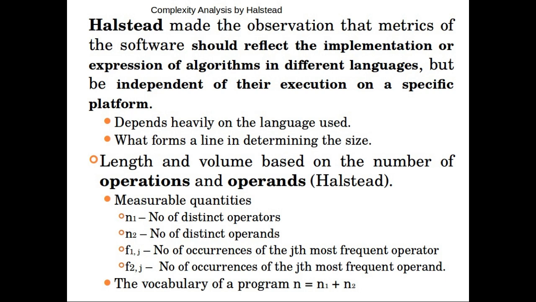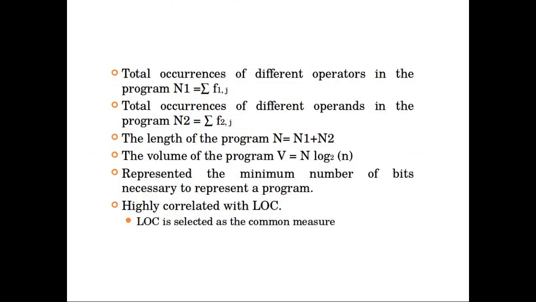Then F2j is the number of occurrences of the jth most frequent operand. Then the vocabulary of the program n is equal to n1 plus n2. The total occurrences of different operators in the program, capital N1, is equal to sigma F1j, and the total occurrences of different operands in the program, capital N2, is equal to sigma F2j.